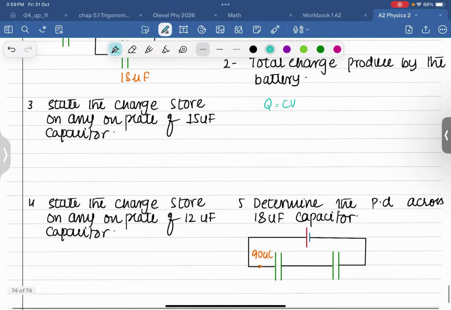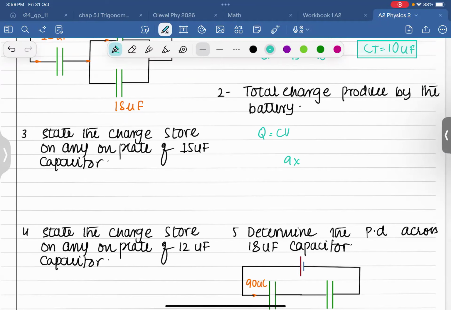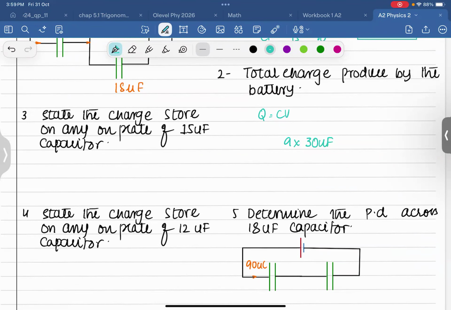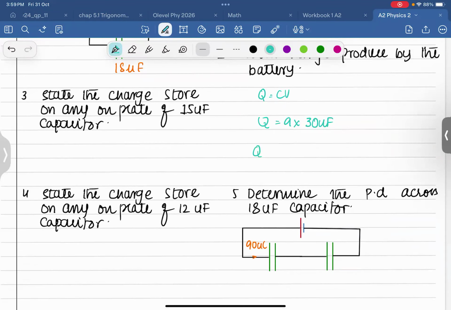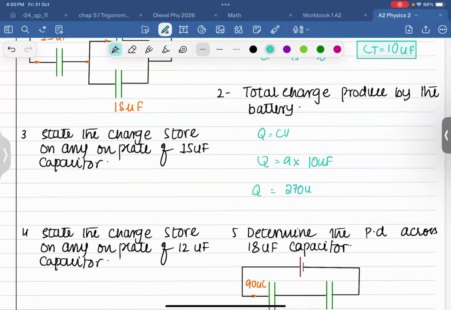So Q is going to be the total charge, and 9 volt is the battery, and the capacitance is 10 microfarad, not 30. So Q is 90 microcoulomb.